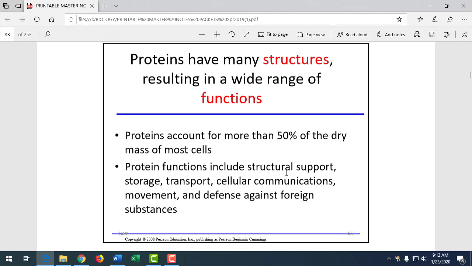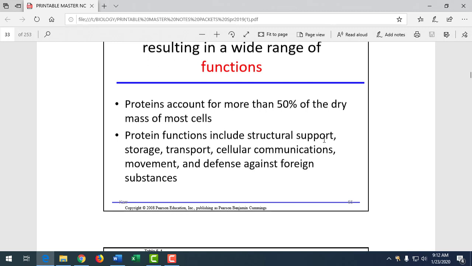So if we look at the dry mass, get rid of all the water in the body, so we just have a pile of matter that is the human body, half of that is protein. So when you look at the structure of us, our skeleton and muscles and things, that's all protein. So we need this for structural support, transporting substances, storage, lots and lots of functions for proteins.